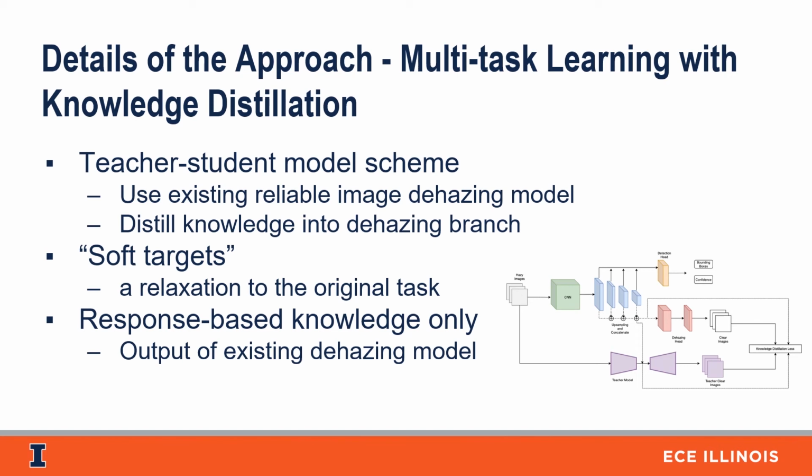Here, we slightly deviate from the initial purpose of knowledge distillation and try to use a teacher image dehazer to distill the knowledge of how to dehaze an image into the dehazing branch of our network. So in our case, instead of computing the dehazing loss against the ground truth clear images, which are obviously missing in our dataset, we compute it against the soft targets generated by the teacher model.